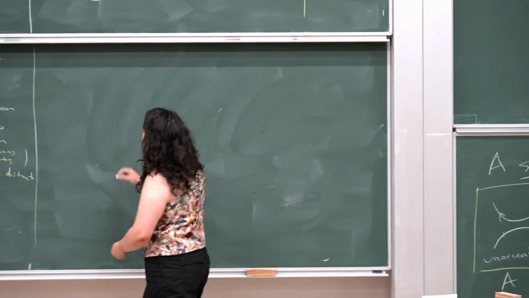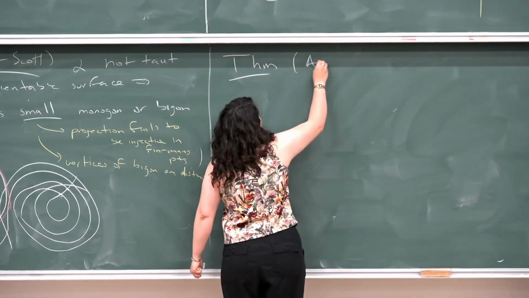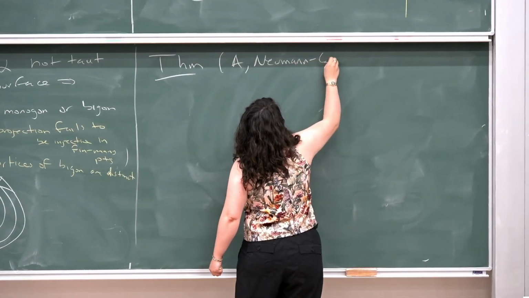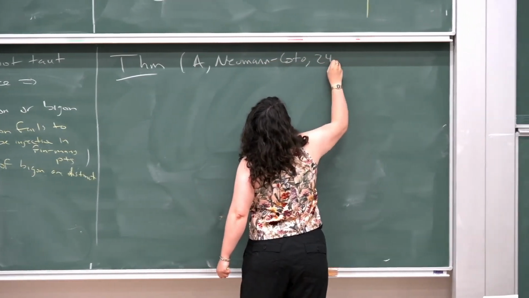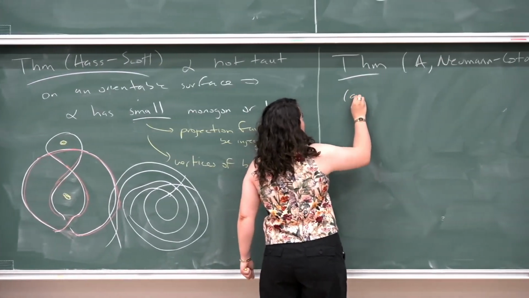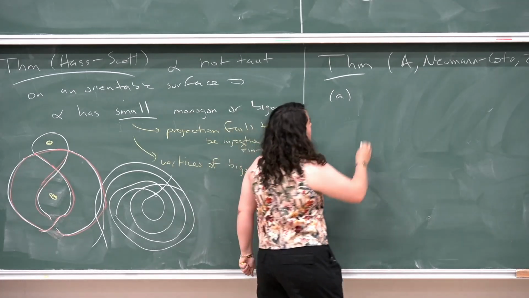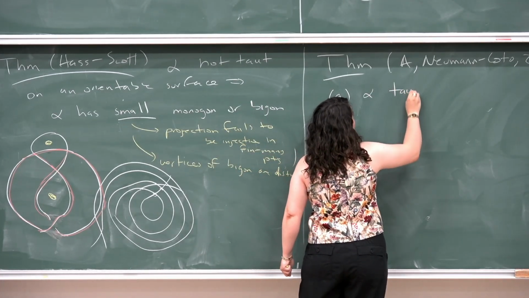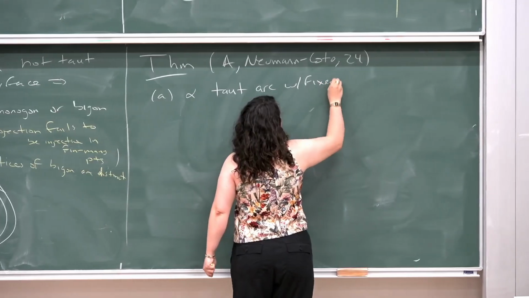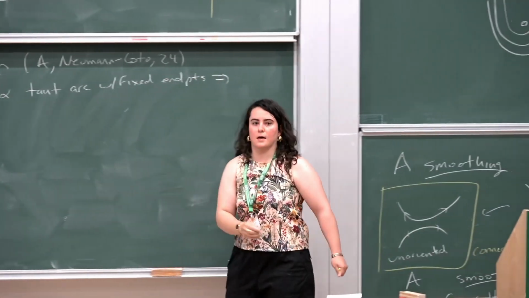So the theorem has three parts. A, if we have an arc with fixed endpoints, then the arc has a taut smoothing.